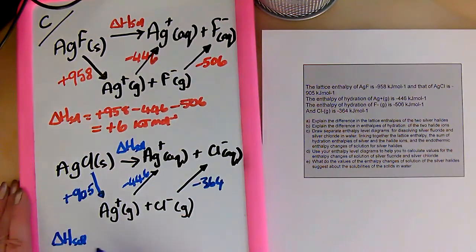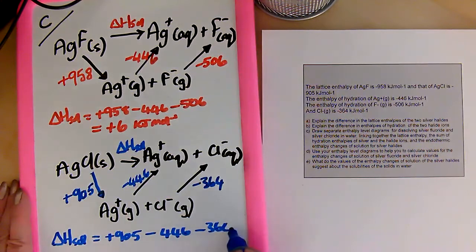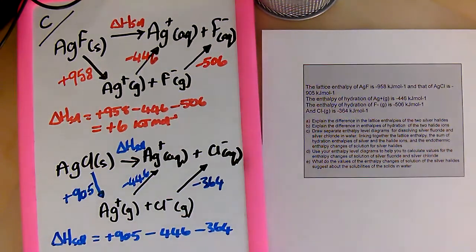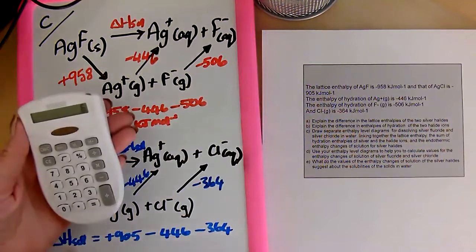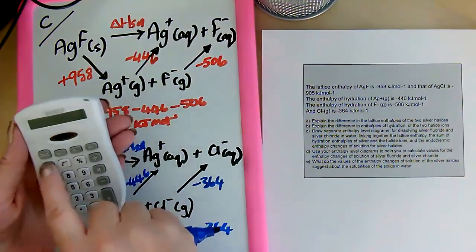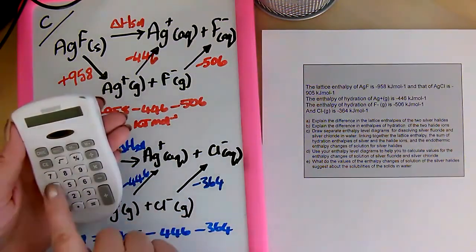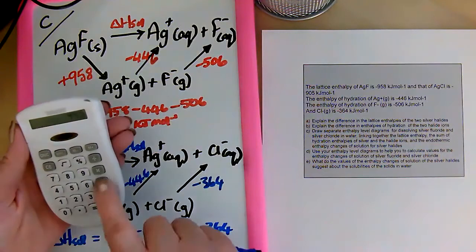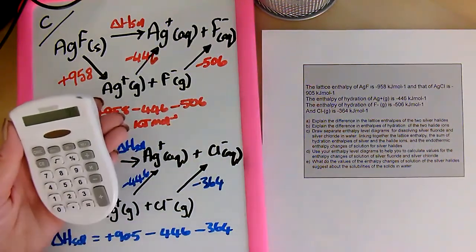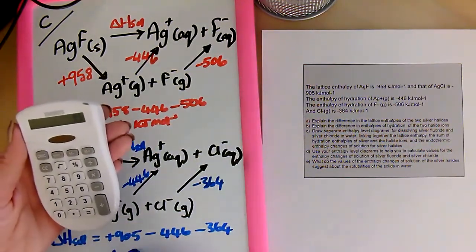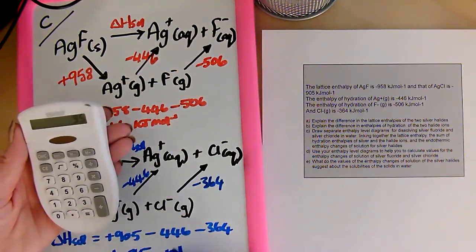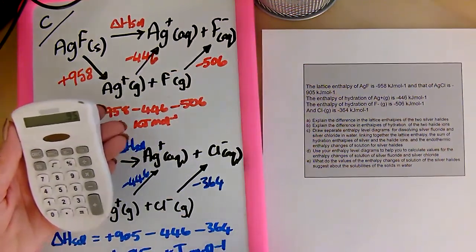So this enthalpy of solution equals plus 905 minus 446 minus 364. I'll just go ahead and do that calculation. You can see me do it on here. So 905, take away 446, take away 364 equals plus 95 kilojoules per mole.